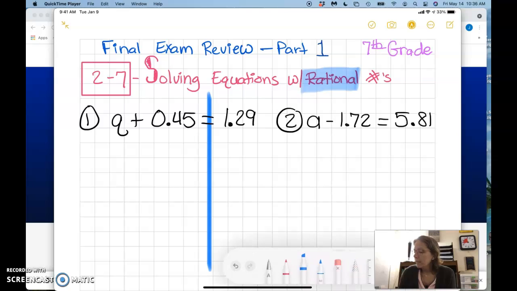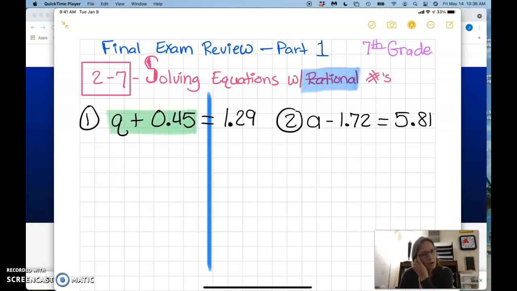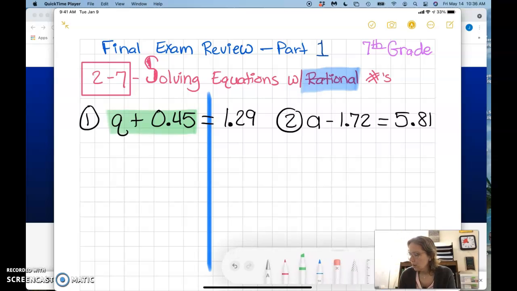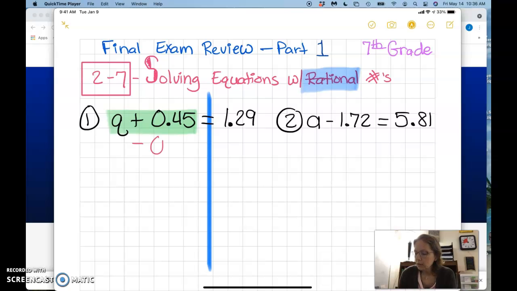Now, the next thing I have to do is look at what's happening to the variable and do the what? Opposite. Excellent. So I see a plus 0.45 on my Q, so I'm going to do minus 0.45. And whatever I do to one side, I have to do to the other.